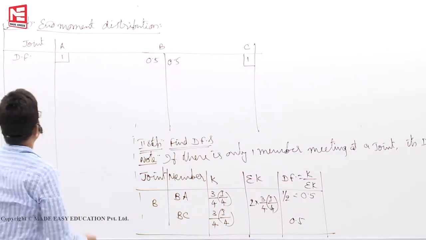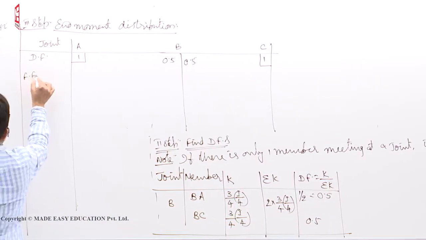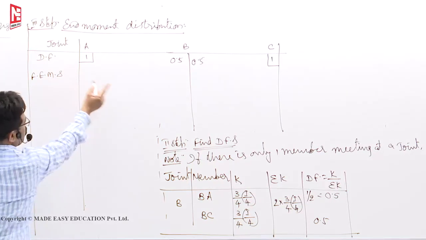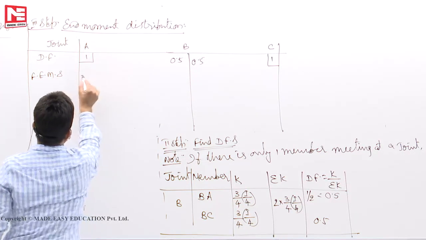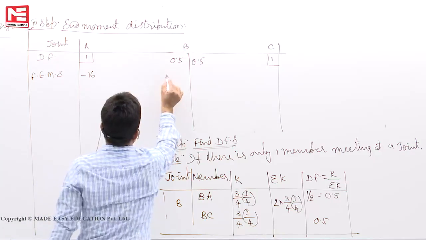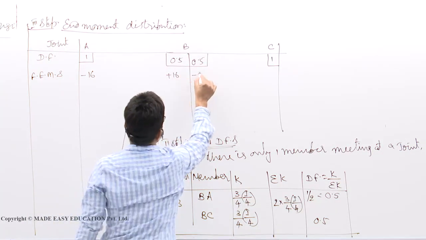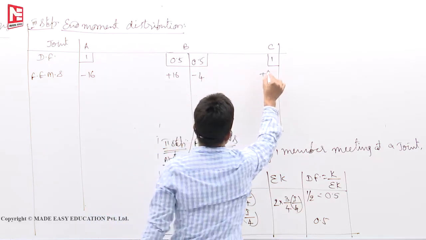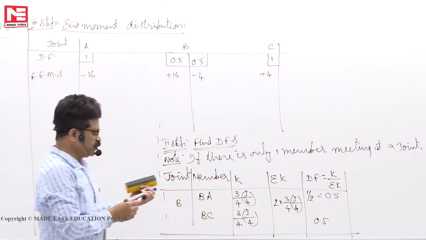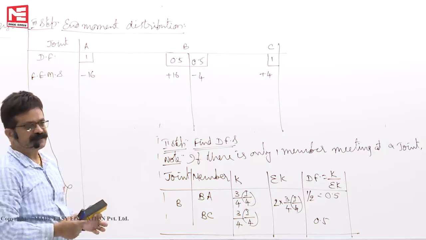Then the fixed end moments. Here we have just calculated MFAB is minus 16, MFBA is plus 16, MFBC is minus 4, MFCB is plus 4. So we write these fixed end moments like this.